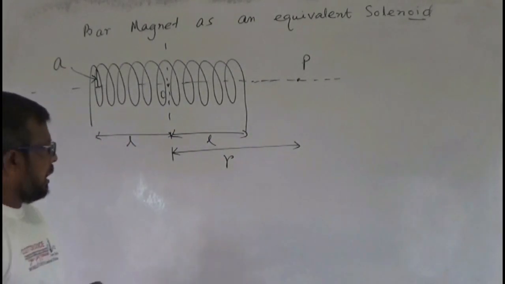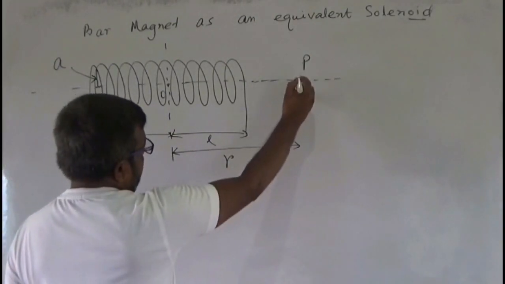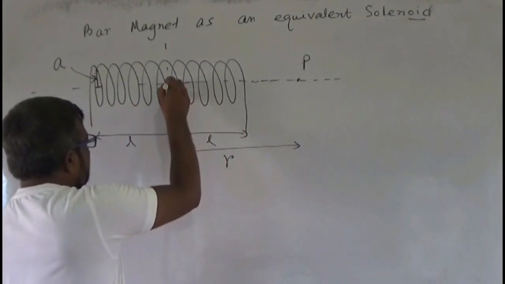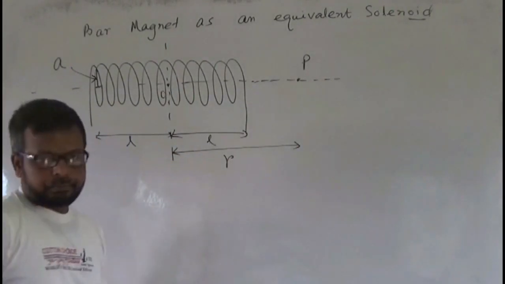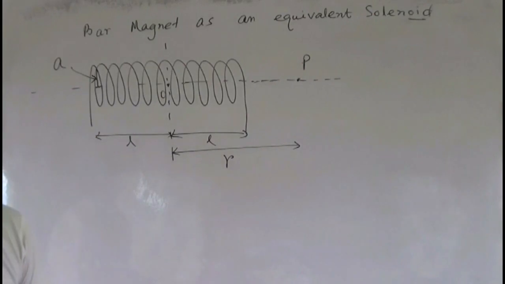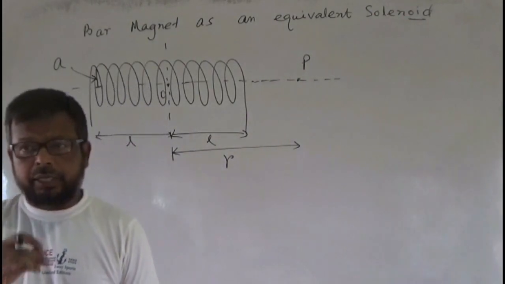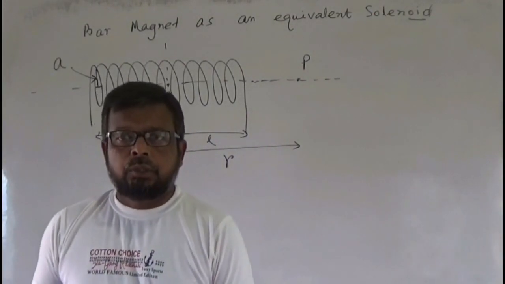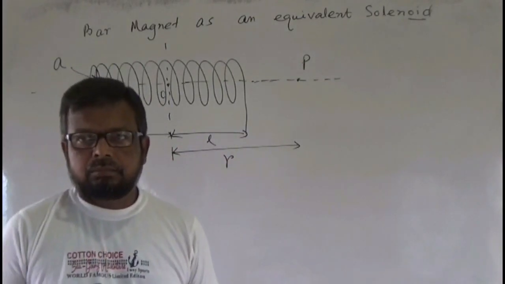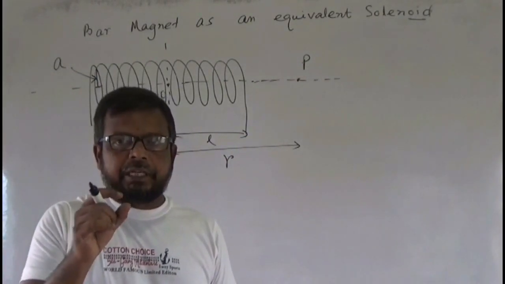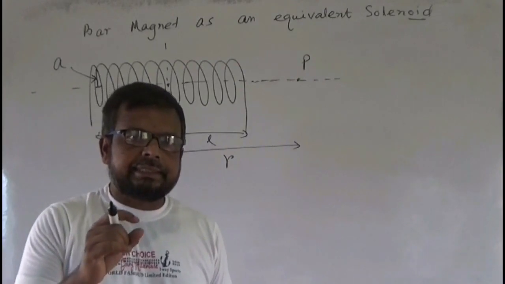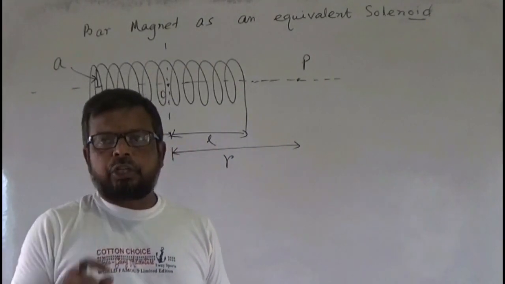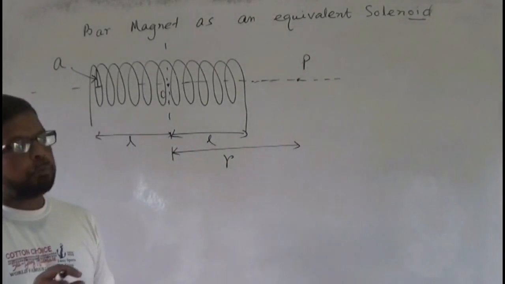Now to calculate the field at P, we consider a circular element of thickness dx of the solenoid at a distance x from the center.